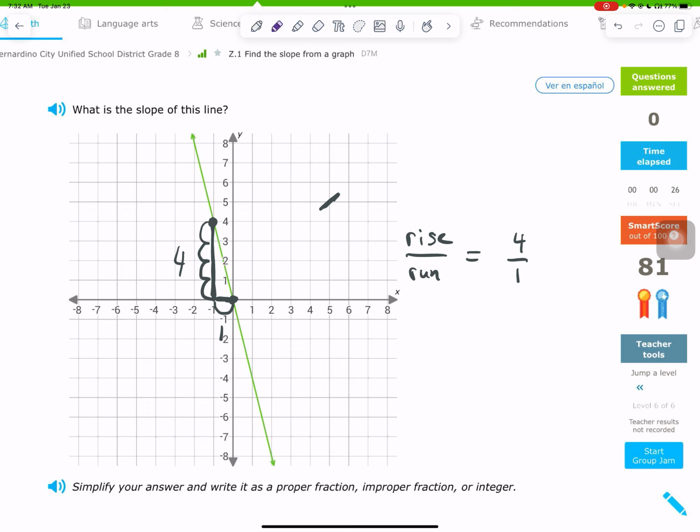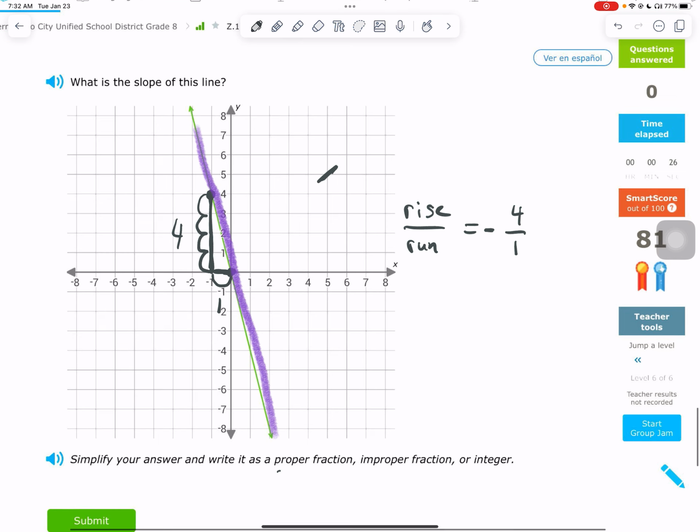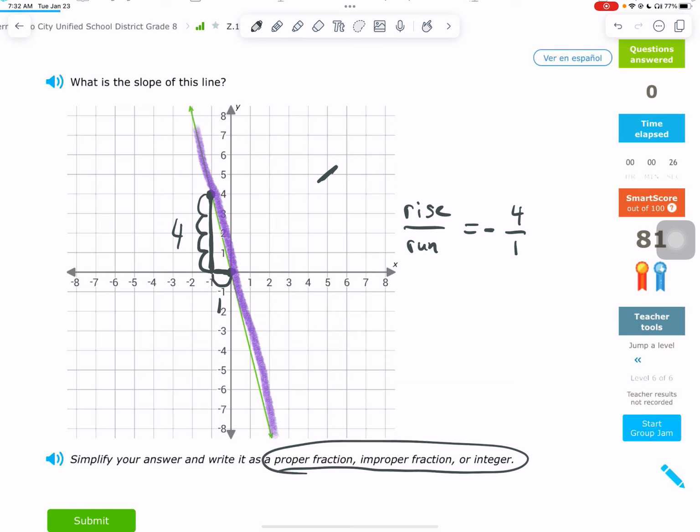It is going down from left to right, so it is going to be negative. And I can simplify this, right? Because it says proper fraction, improper fraction, or integer. In this case, we're going to want to write it as an integer because a fraction is just division. So negative 4 over 1, which is just 4 divided by 1, is going to be negative 4. So I'll just plug that in right there and submit.